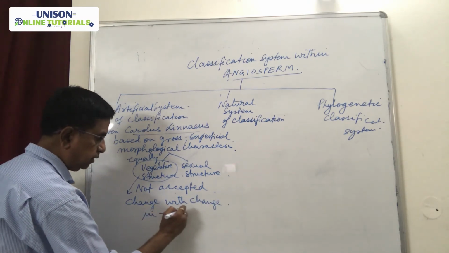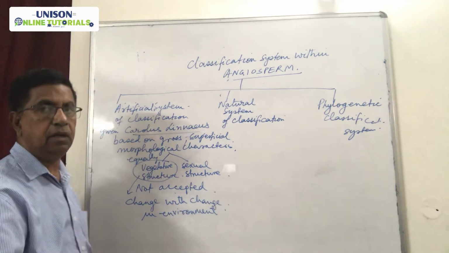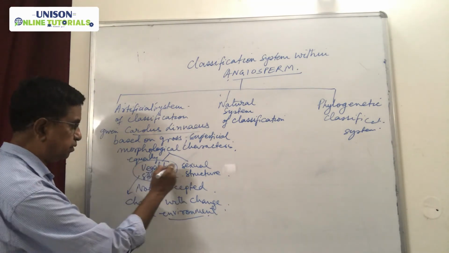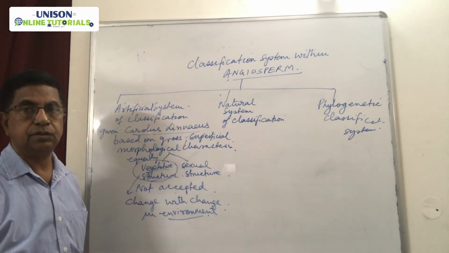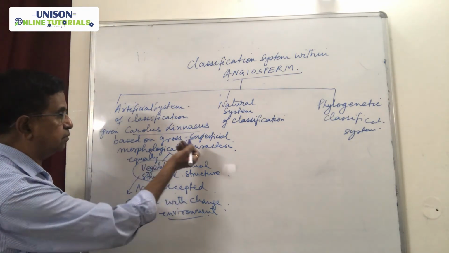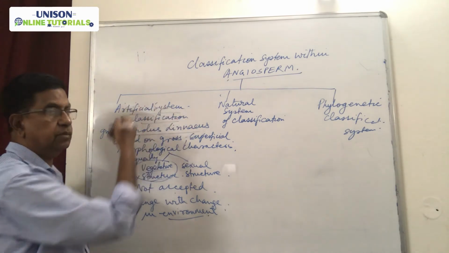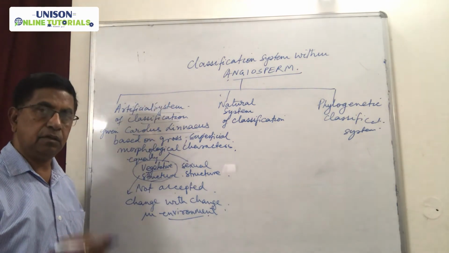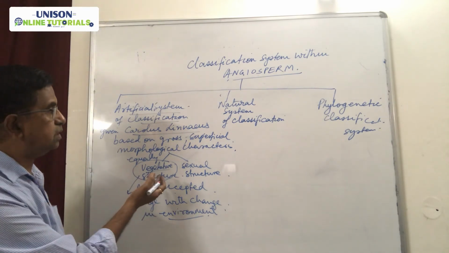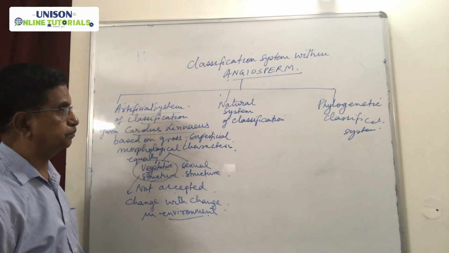We know that our environment is changing, and when the environment changes, the vegetative structures also change. If the vegetative structures change, then the vegetative characters will change. That means this system of classification is not permanent, because all classification systems are based on characters.